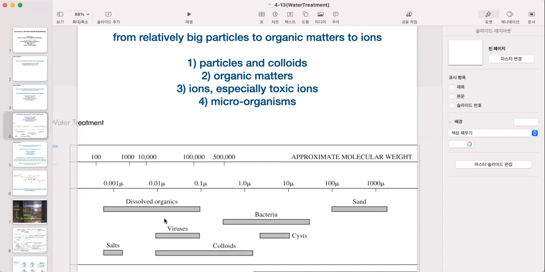The floc formation, we define that as what? Destabilization. So colloid has a negative charge, right? Another colloid has a negative charge. They repel each other. That's why they are stable.